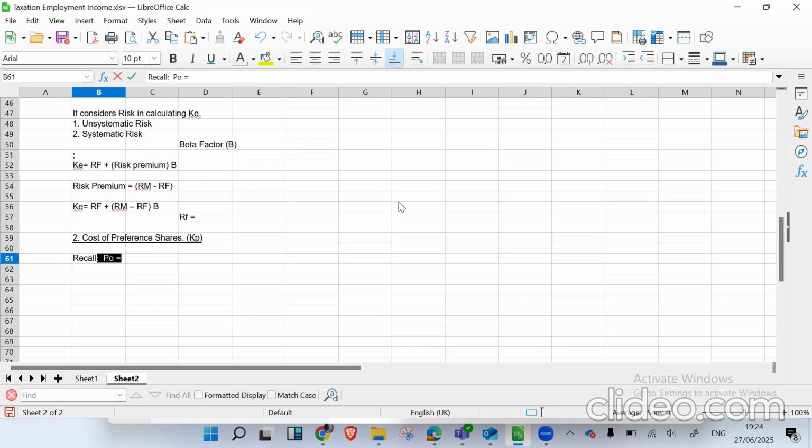So let us recall. Pale kwa irredeemable preference shares tulisema kuwa MV was equals to preference dividends over KP.